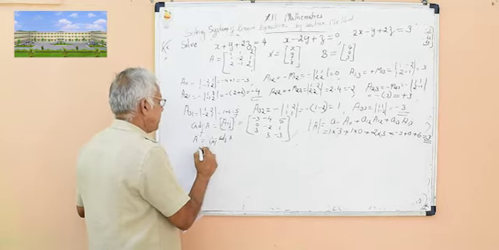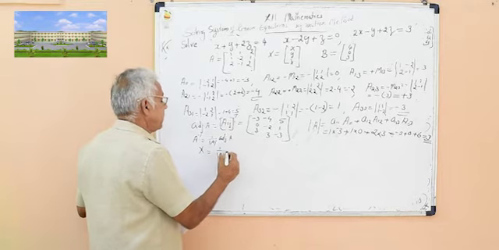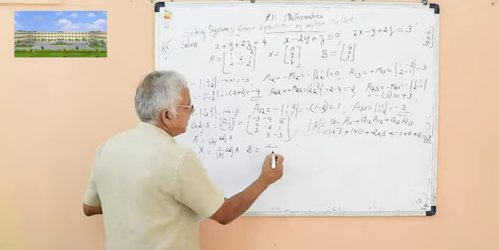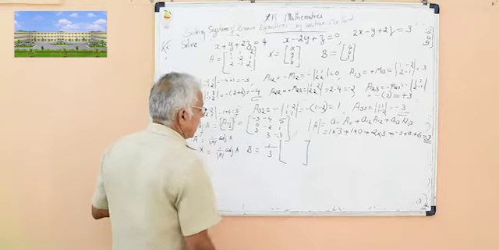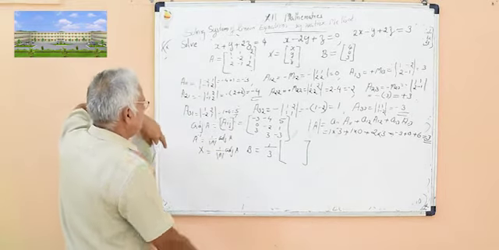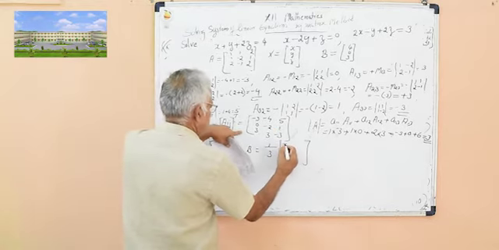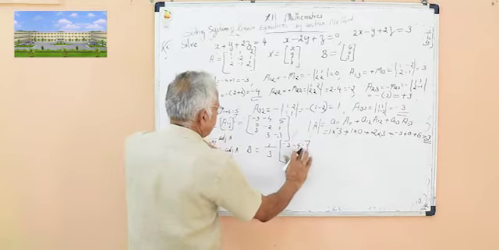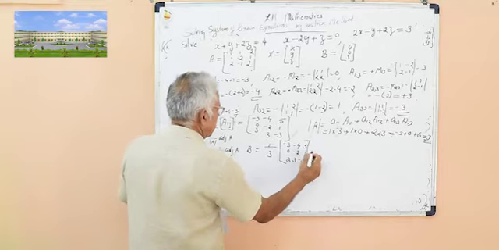Therefore, X is equal to A inverse B, which is 1 by determinant of A into adjoint of A into B. 1 by determinant of A, 3, into the transpose of the cofactor matrix. We got adjoint of A: minus 3, minus 4, 5; 3, 0, minus 2, 1; 3, 3, minus 3.